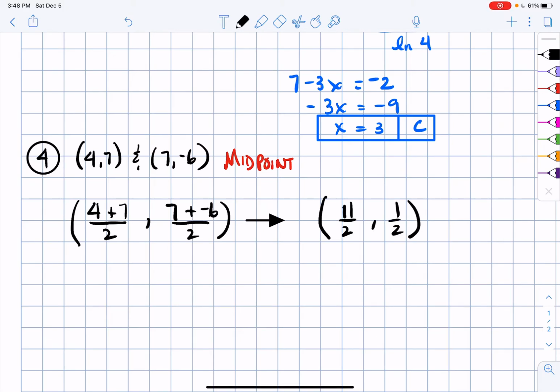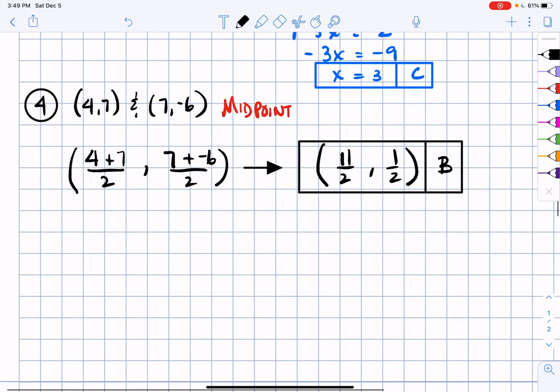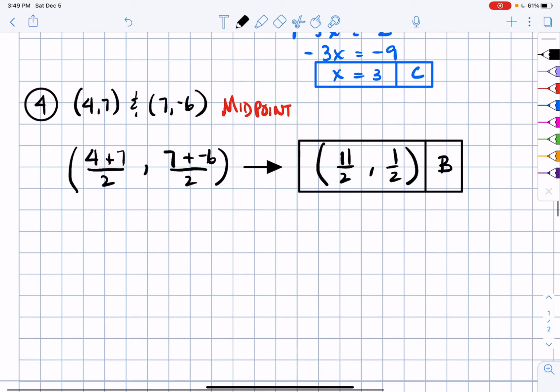So that is your midpoint, and that is also your answer, which is choice B. Boom. And that's all midpoint is. It's just the average of the x's, comma, average of the y's. All right, so number 5.